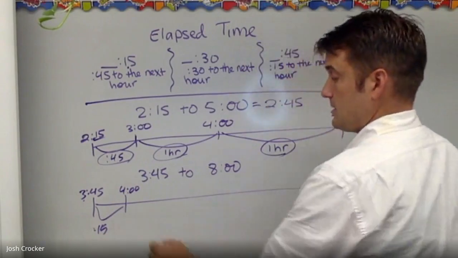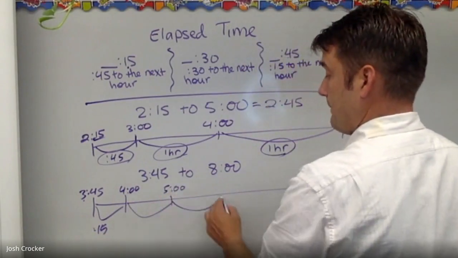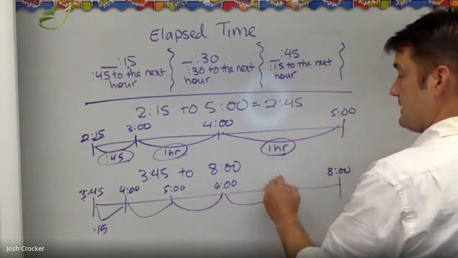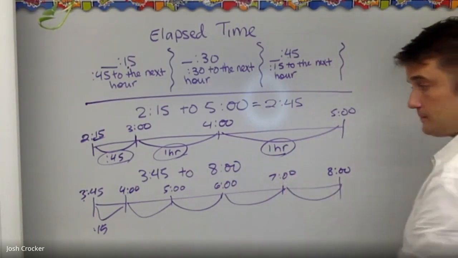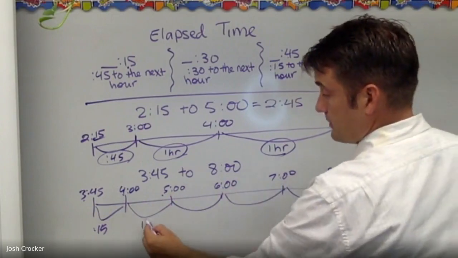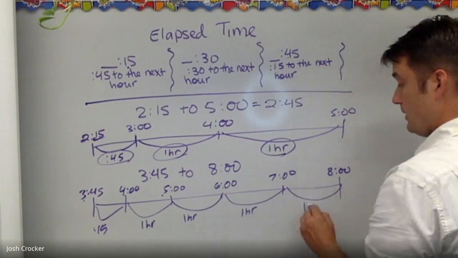So then 4 to 5, 5 to 6, 6 to 7, 7 to 8. These jumps, 4 to 5, 5 to 6, those are all 1 hour jumps. 1 hour, 1 hour, 1 hour, 1 hour.